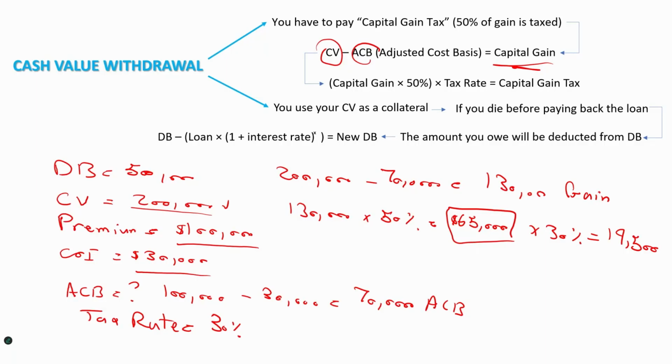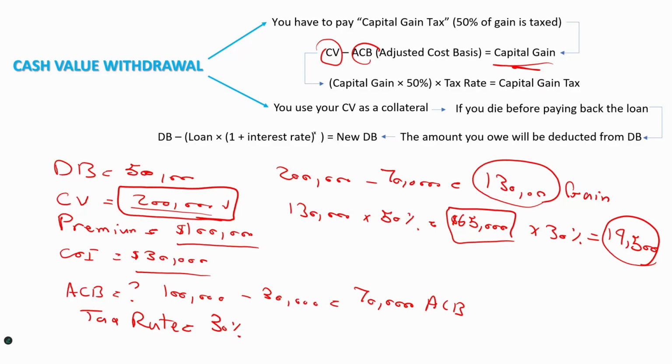So what that means is that when I get this $200,000, I have to pay almost $20,000 of tax. So what I get is $180,000, basically. Yes. This is if it's a universal life. If it was a whole life policy, I would have to pay tax on the entire $130,000. Okay. So this is how ACB is calculated. This is how we understand how much tax we have to pay if we surrender our policy.